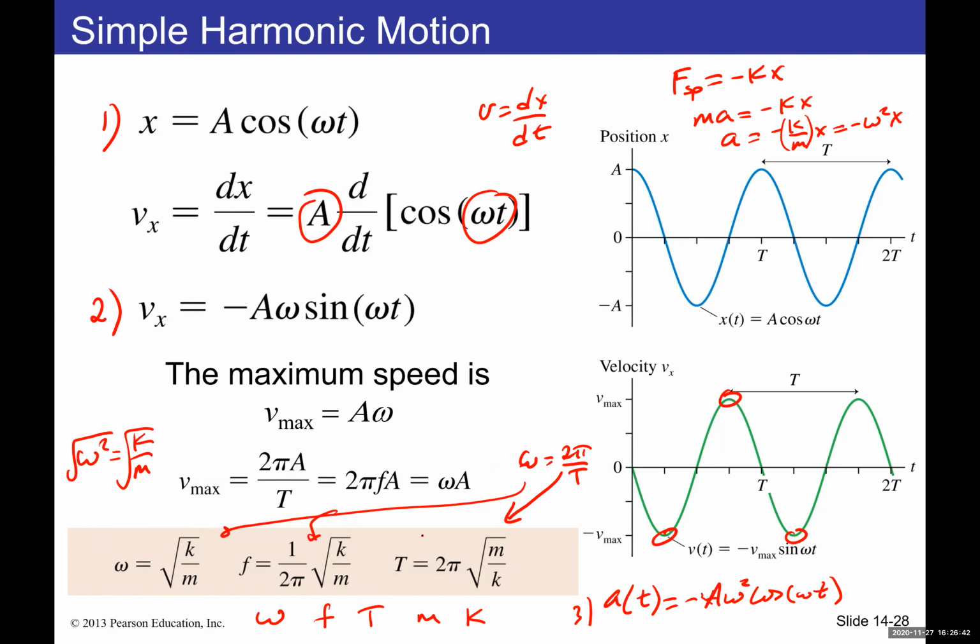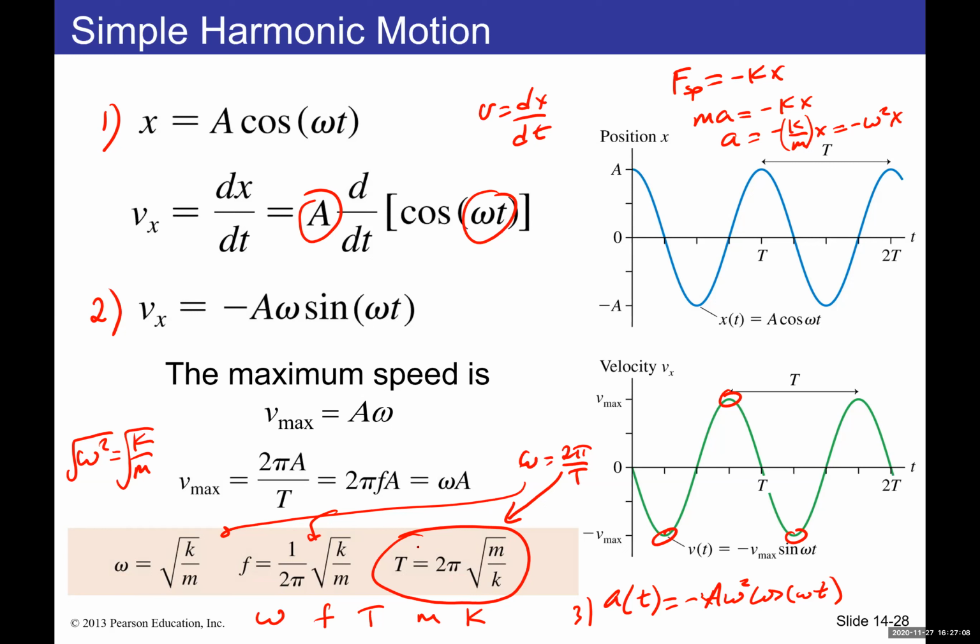So this equation is sometimes useful to remember because that's the period of oscillation. And you can see the period of oscillation, that means how long it takes for the system to go back and forth one time, depends only on the mass of the block and the spring constant. That means if I take the system and pull it 5 centimeters or 10 centimeters or 15 centimeters, the period is unaffected by that.